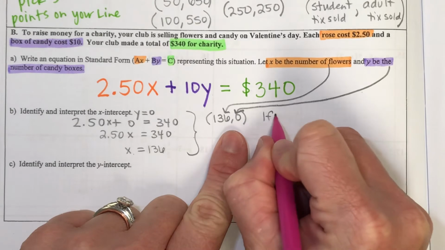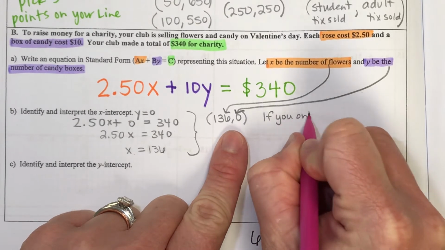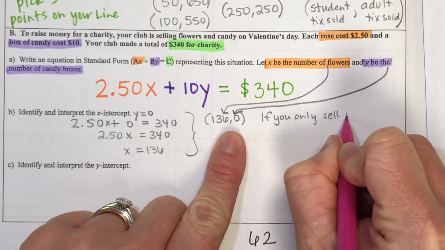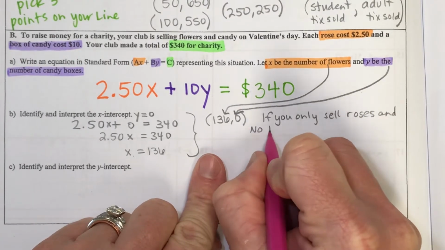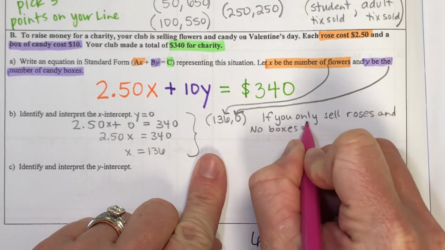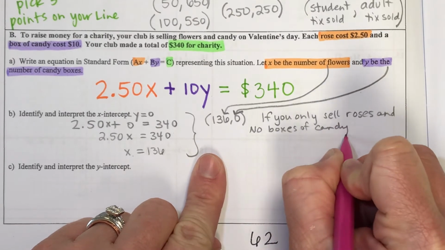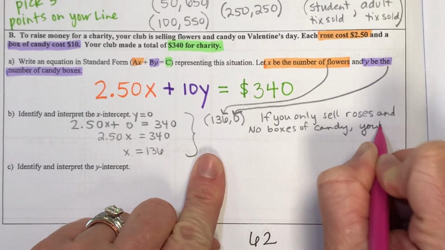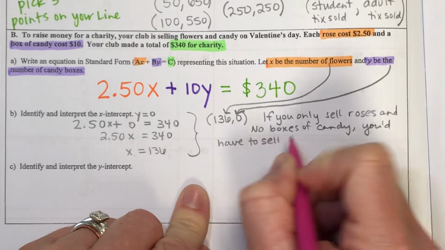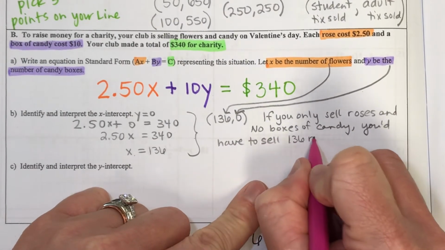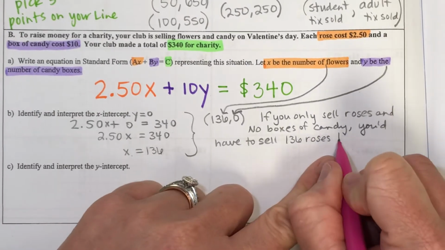So if you only sell roses and no boxes of candy, you'd have to sell 136 roses to raise the $340 for charity.